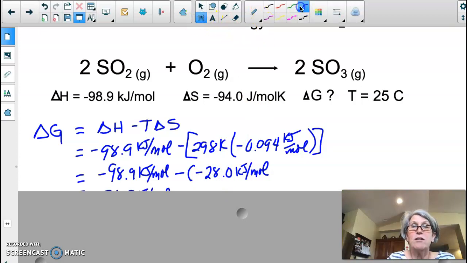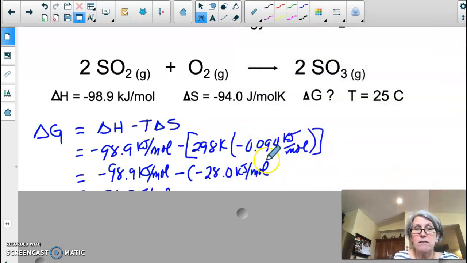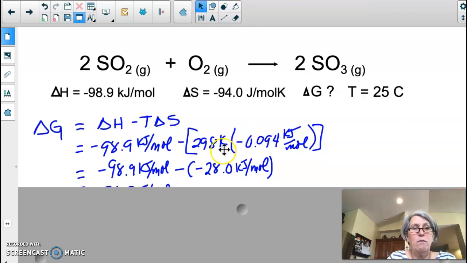I notice that I should have an end parenthesis here, so I'm going to put that in. There's the end parenthesis. This work right here is what gives me that negative 28.0 kilojoules per mole. Then when I take a negative times a negative, that becomes a positive.